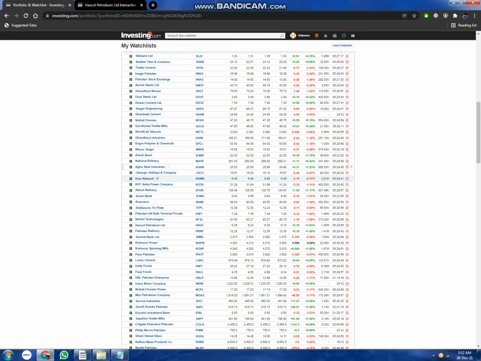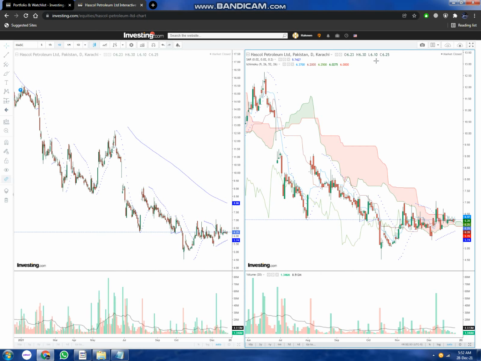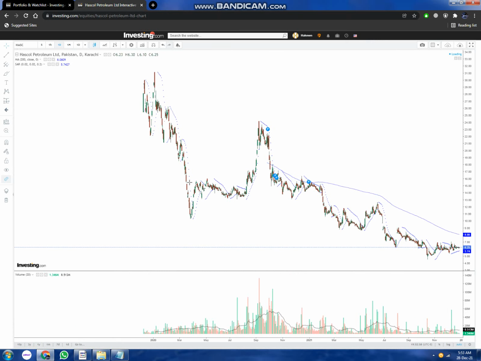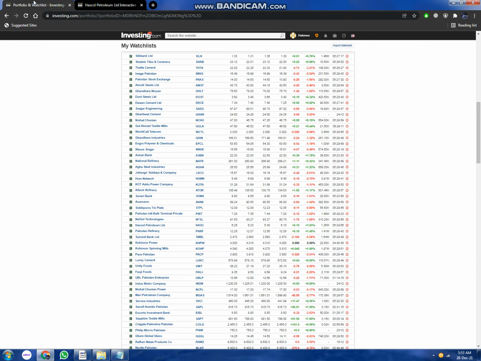As I've said, you will have to recognize entry and exit points for the stocks that you are investing in. Once you recognize those, it is not that difficult to understand how you will make money out of the stock market.